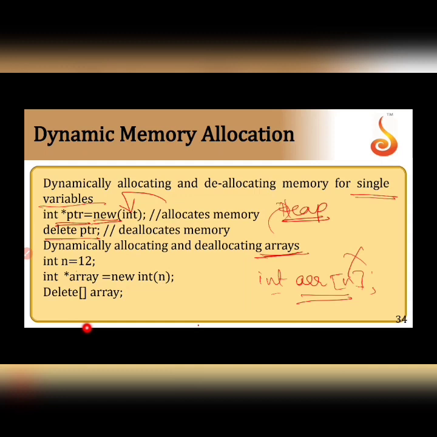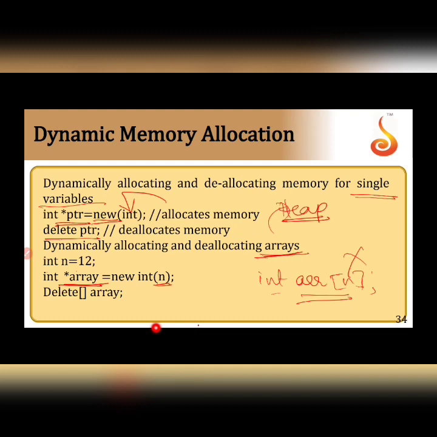First I'll say int n = 12, then int *array. Array is not a keyword. I have given a name, similar to int ptr, I have given int array because I am having an array, and array is a concept, it is not a keyword, so it will allow me to give the name as array. int *array = new int[n].